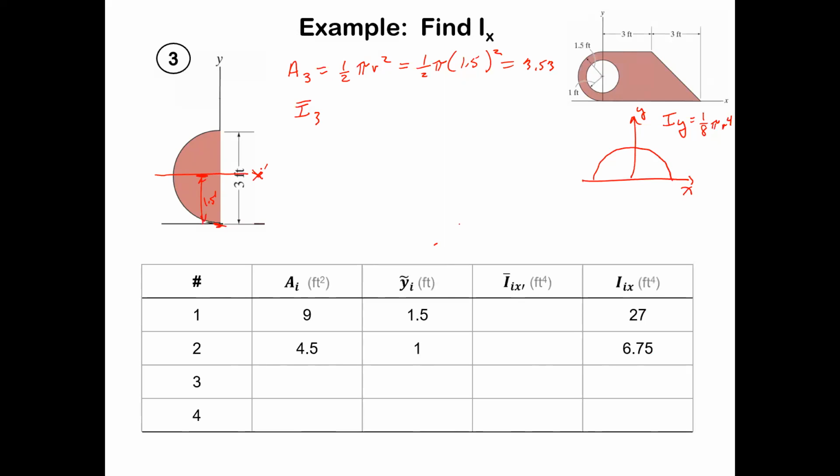It's the moment of inertia about the x prime axis, the way it's tilted on our shape, right? You see that? So what we're calling the y-axis here is equivalent to the x prime axis of our circle. Just geometrically, that kind of makes sense, right?